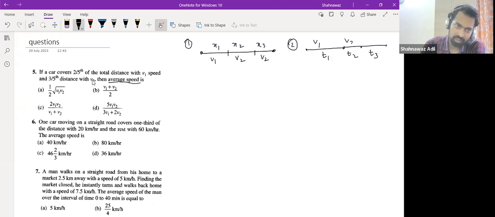So we can have different formulations of average.